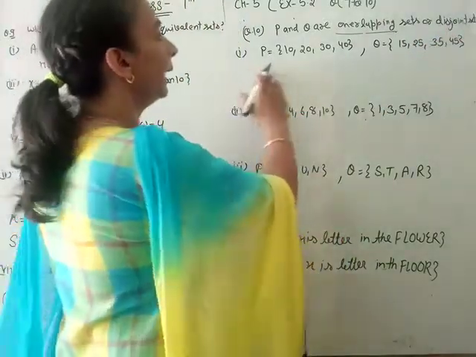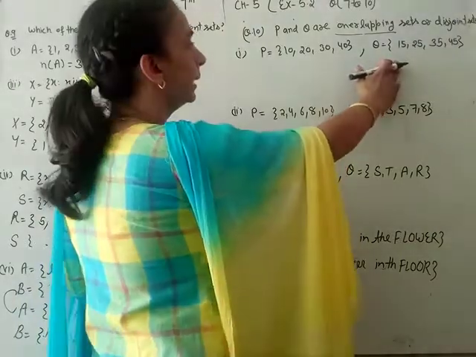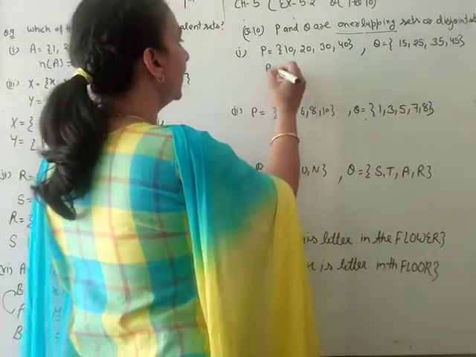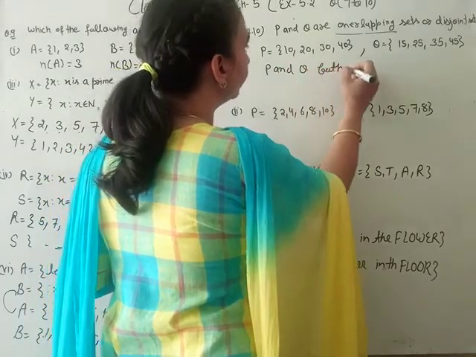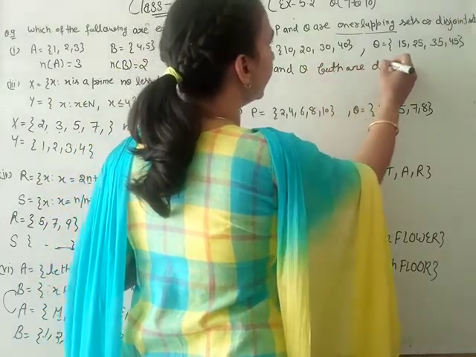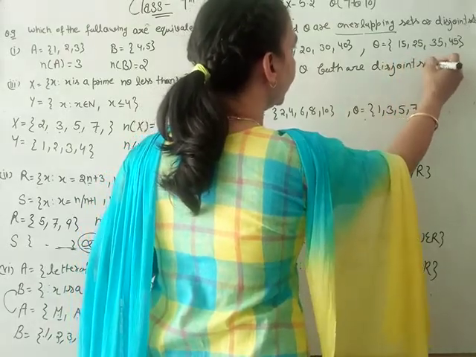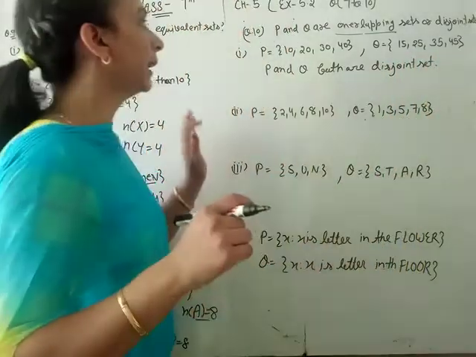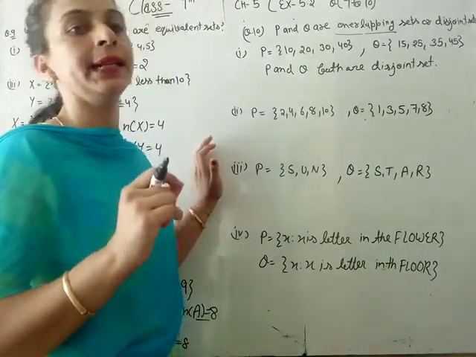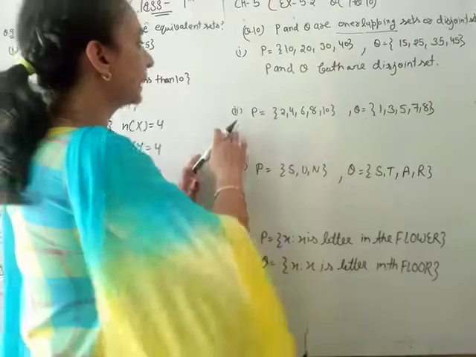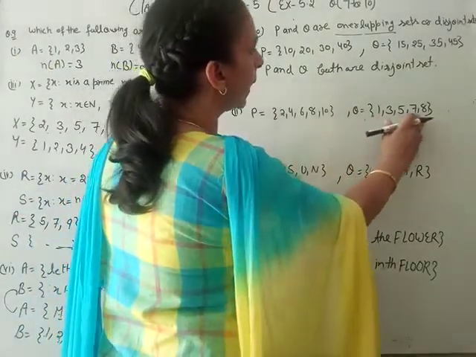Okay, in P and Q, is any element common? There is no element common, so we write P and Q both are disjoint sets, because there is no element common in P and Q. Okay, next: P is 2, 4, 6, 8, 10, Q is 1, 3, 5, 7, 8.